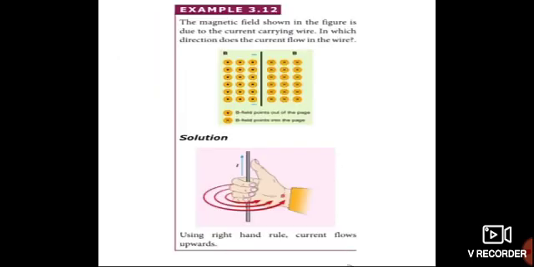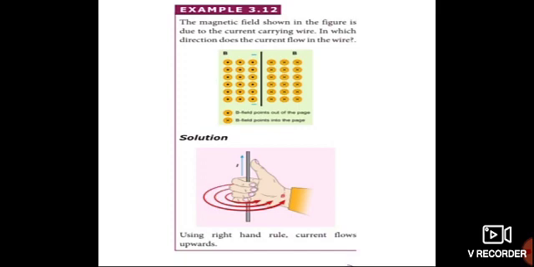Based on the right hand thumb rule and the screw rule, we are going to discuss one example sum, that is 3.12. The magnetic field shown in the figure is due to a current carrying conductor wire. In which direction does the current flow in the wire? Here it is mentioned with a dot and a cross mark. The dot means the field points out of the page, and the cross means the magnetic field points into the page.